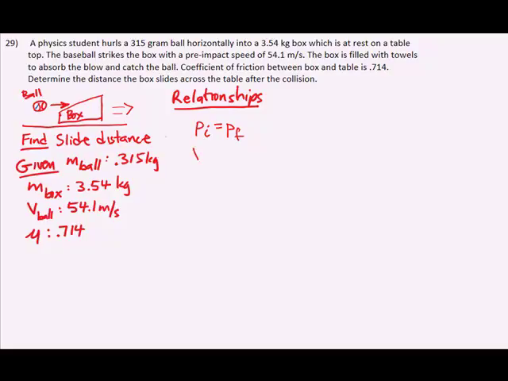We have a nice relationship that we've used several times: final velocity squared is equal to the initial velocity squared plus 2 times our acceleration times the distance that we're sliding. Between those, we should pretty much get it. And one other important relationship is that momentum is equal to mass times velocity. Let's see if we can use these things to solve this problem.